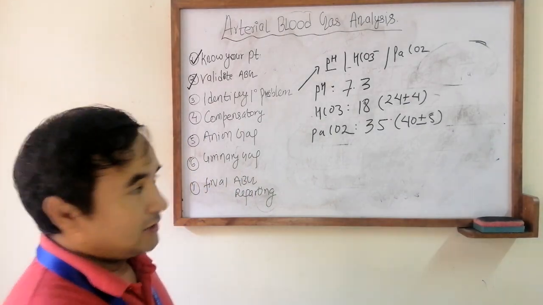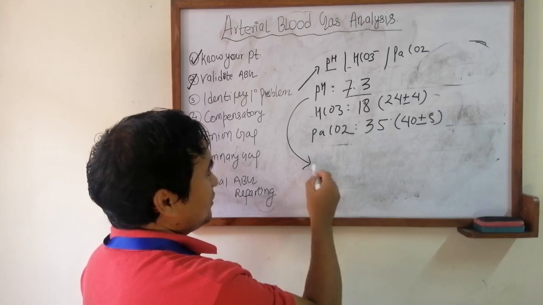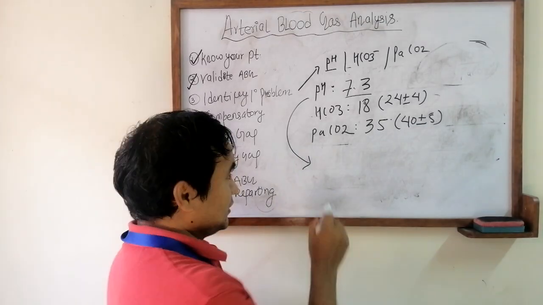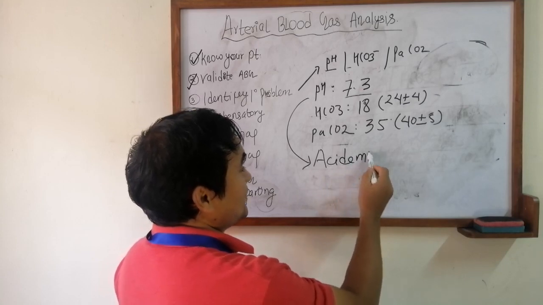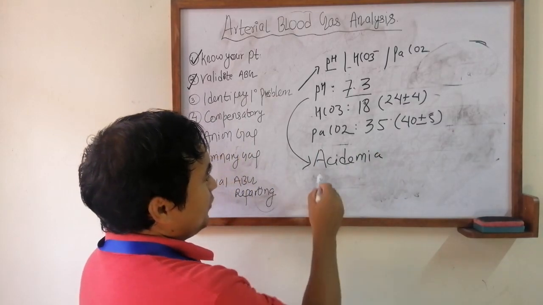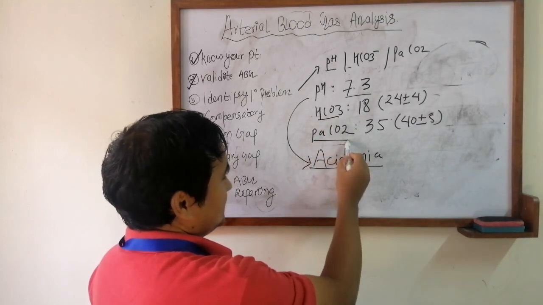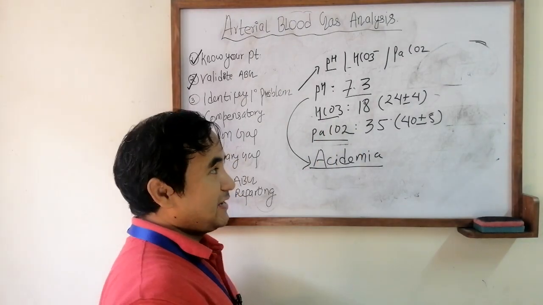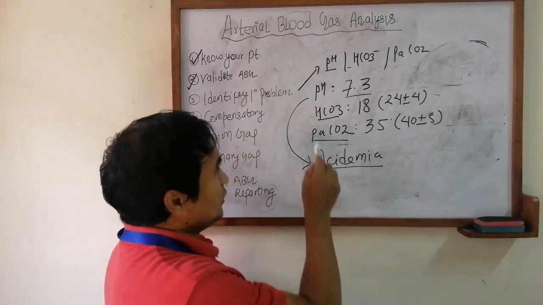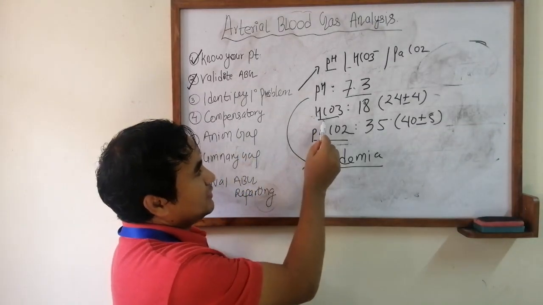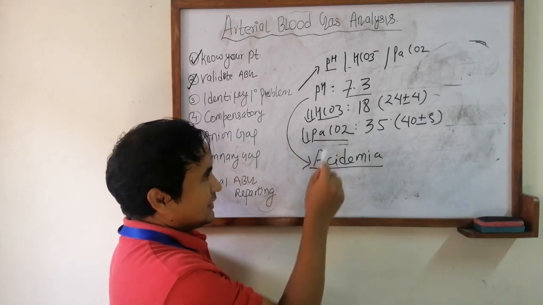So in this condition, what is the pH here? 7.3. So if pH is 7.3, is there acidemia or alkalemia? Yes, there is acidemia, because pH is 7.3. This acidemia is because of what? Bicarbonate or carbon dioxide? For that, you have to remember the Henderson-Hasselbalch equation. Here there is a decrease in bicarbonate, while PCO2 is at the lower limit.